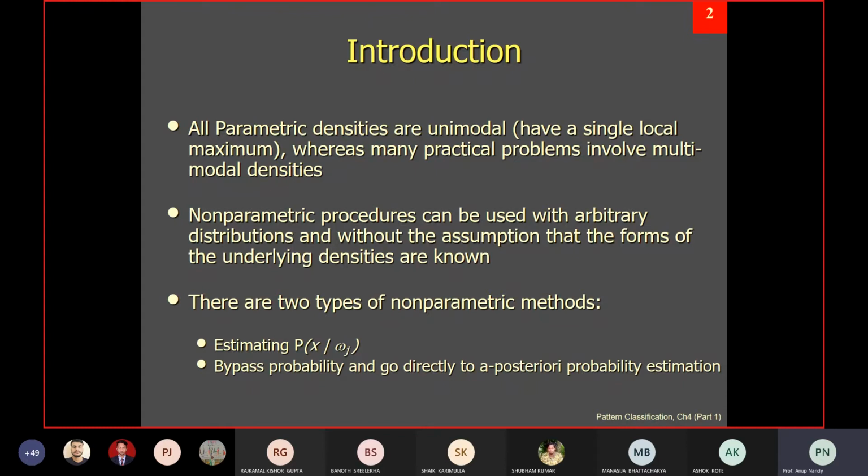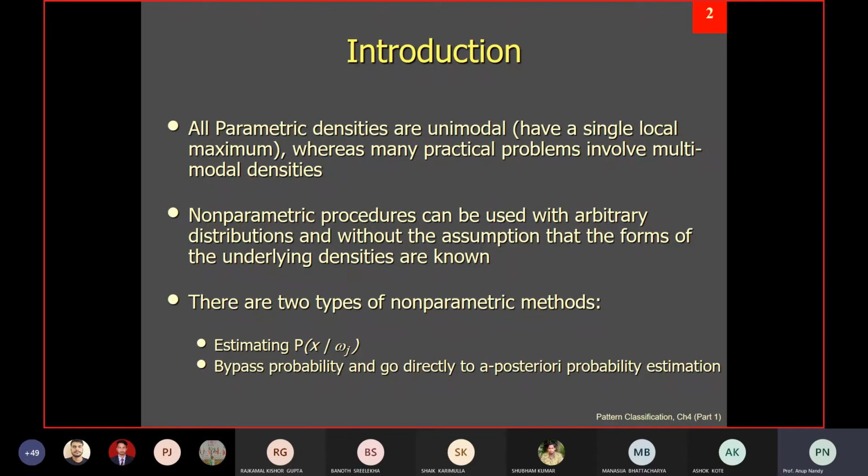Another way is that you can apply procedures for directly estimating the a posteriori probability. You are bypassing the density estimation and plugging directly into the a posteriori probability, capital P(wj given x).